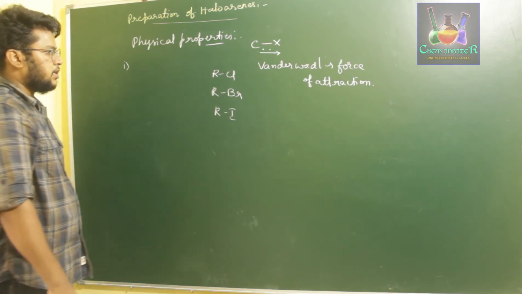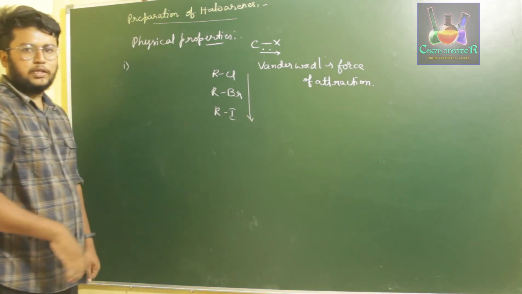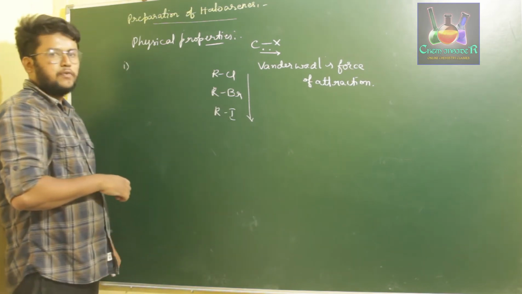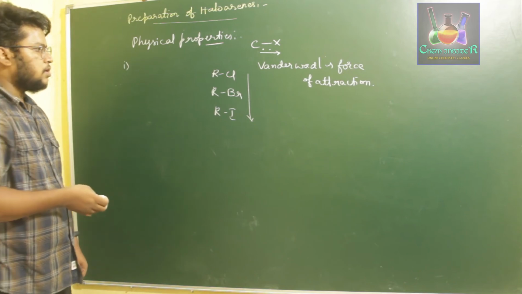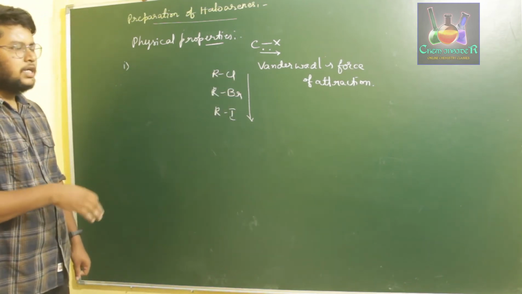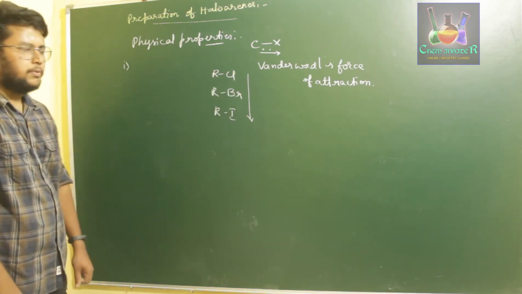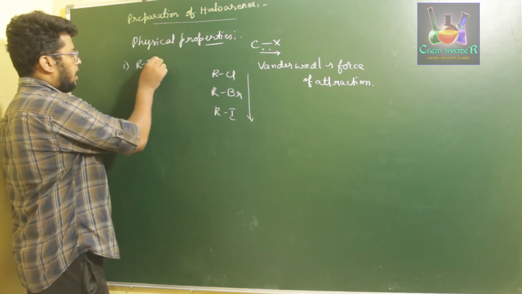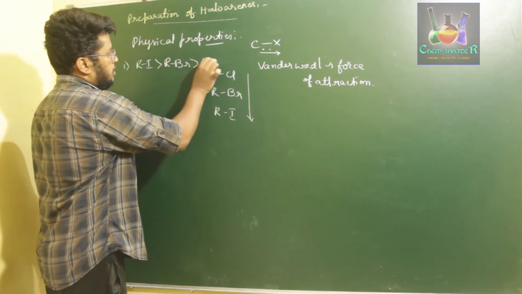If you consider these three, chlorine, bromine and iodine are one below the other in the periodic table. As we go down the group, the van der Waals force of attraction increases because of the increase in the size of the halogen. Therefore, the strength of attraction in RI is greater than RBr, which is greater than RCl.